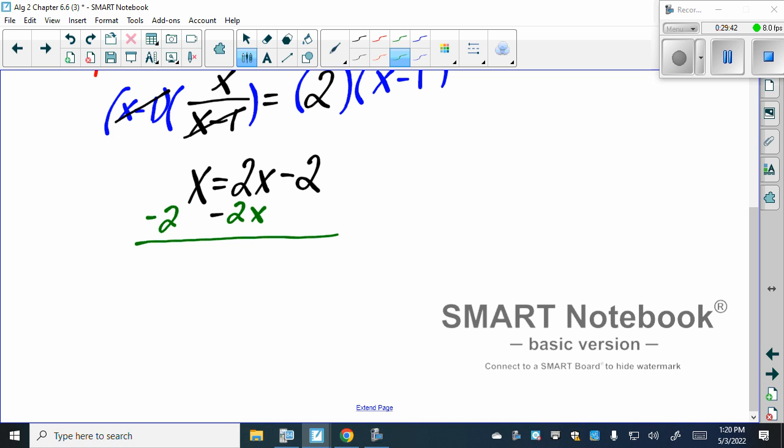I would go on and subtract 2x, because x minus 2x is negative x, which is equal to, well, if negative x is equal to negative 2, positive x would equal 2.